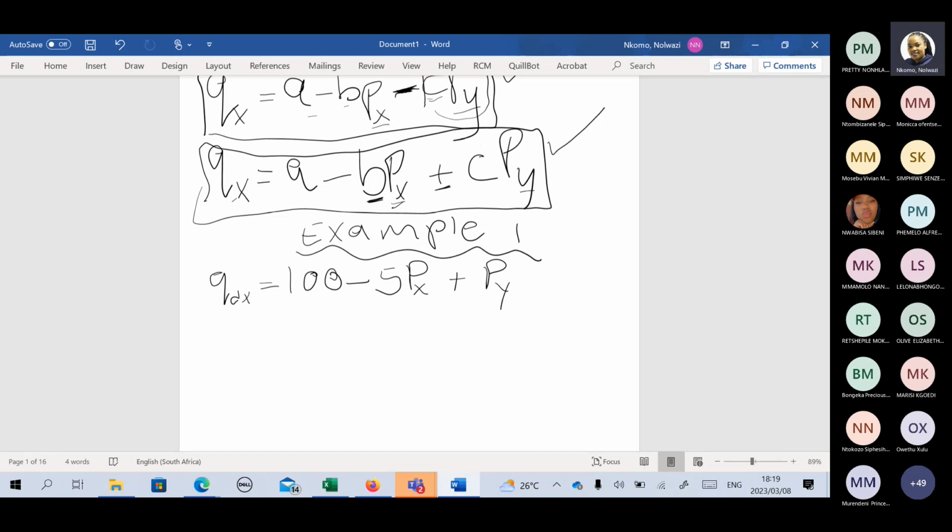This is the demand for good X, whereby Y is the substitute.